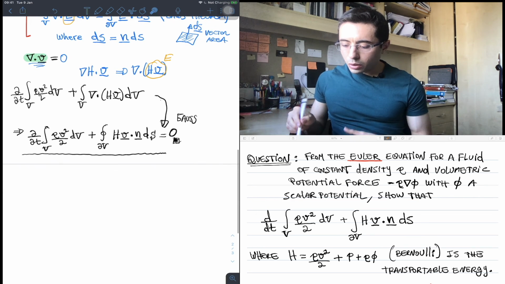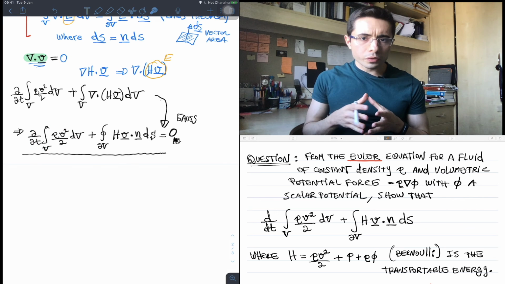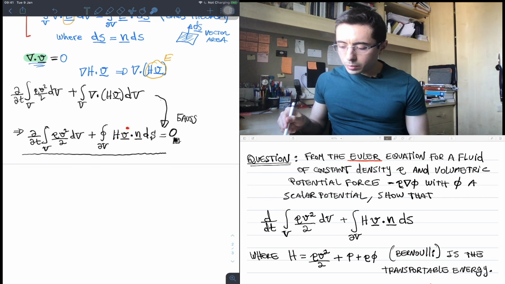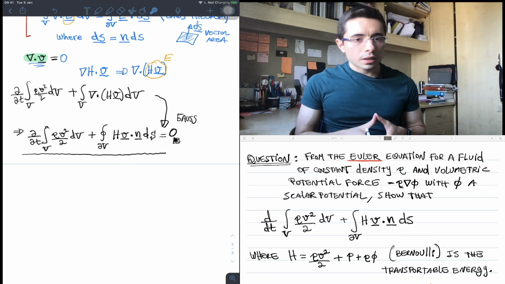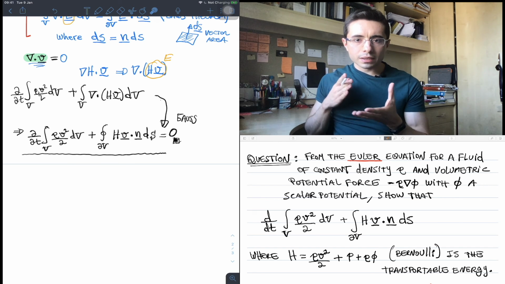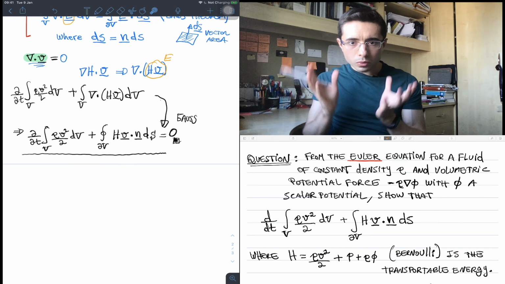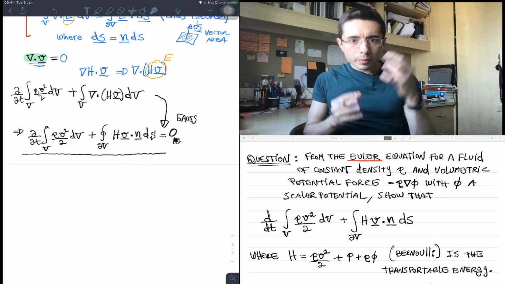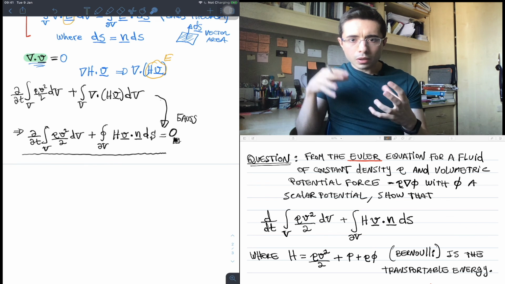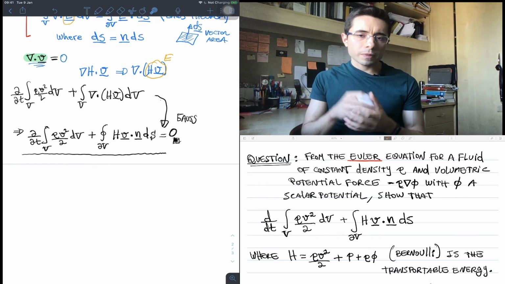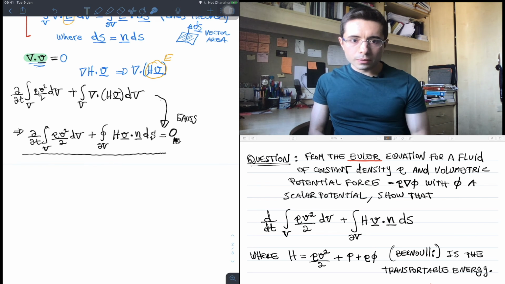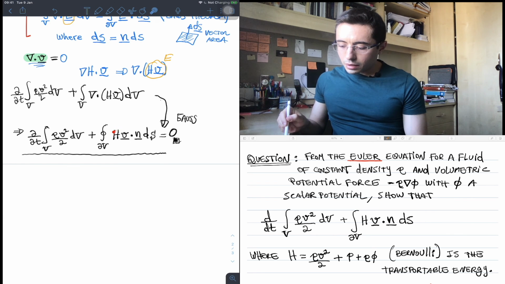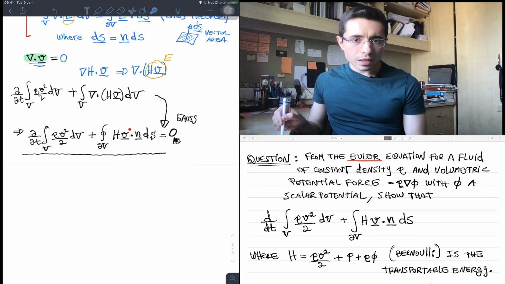So because that is the variation of the kinetic energy, that term here, h, is the transportable energy. So it means that this energy is passing through. We have a volume, and this energy is coming in or coming out of that element of volume through the surface of this volume. And it can be understood as an energy.